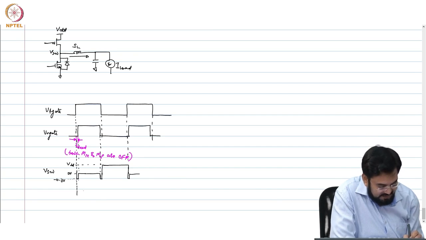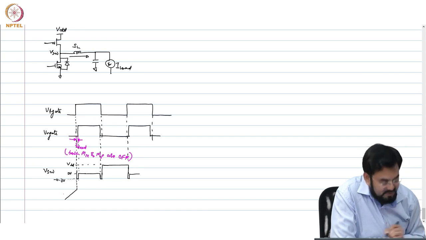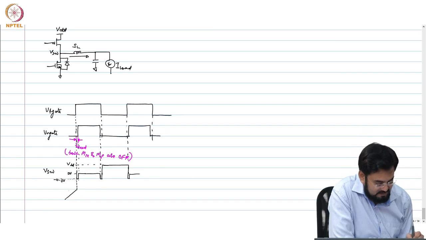So let's say the inductor current was falling during this time. Before this, you assume that that was on. So it will hit the peak here, inductor current. Correct? What will happen here?